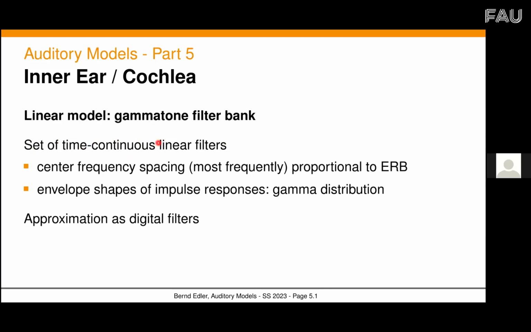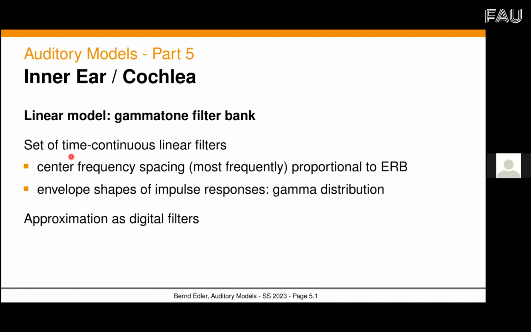So it is a set of time continuous filters, and as you can imagine from what we saw before, it is a set of bandpass filters. For each frequency we have a filter which represents the frequency response around that corresponding point, so that it matches well with the auditory system, or gives a good approximation of it.